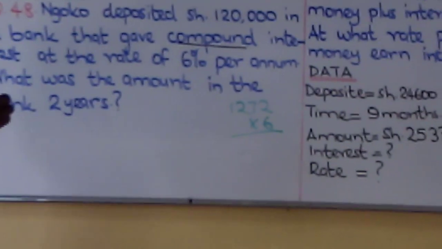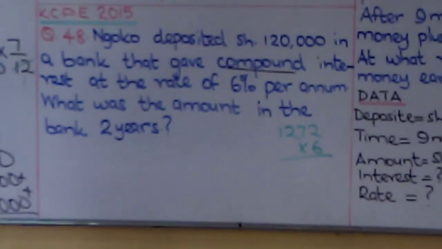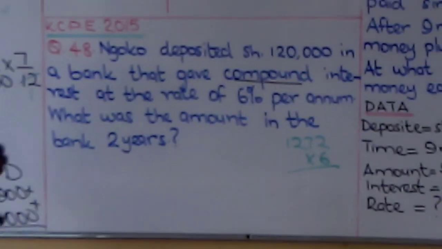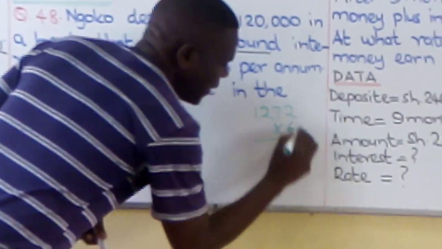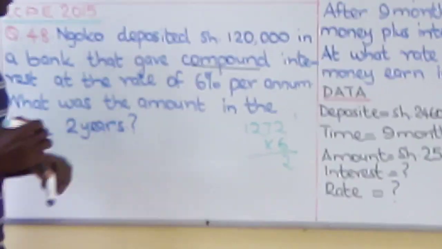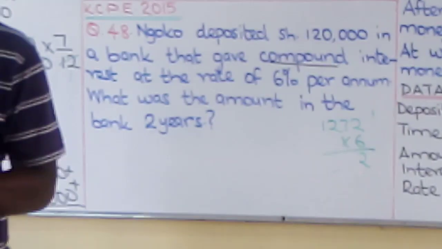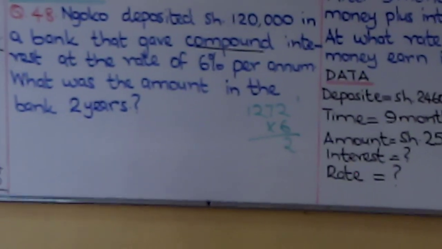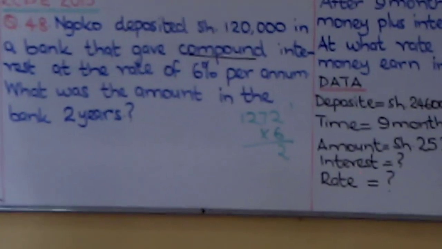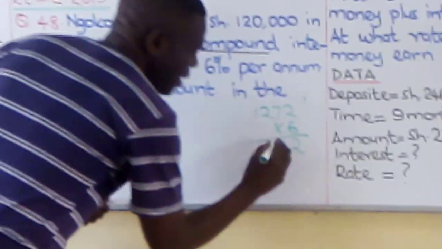6 times 2. Ray Mulama. Very good. It is 12. Thank you, Ray. We carry 1. What is 6 times 7? Stephanie? Correct. 6 times 7 is 42 plus 1, 43.